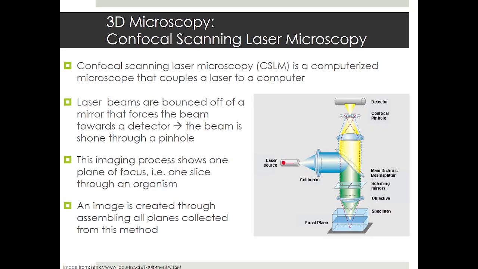Confocal scanning laser microscopy is another mechanism of 3D microscopy where we do take many different slices of an image of a cell and put them all together to make a final product. This is done with lasers, which is kind of neat, where you do have a lot of lasers that will get bounced around inside of the machine and allow for you to cut through frame by frame, if you will, through the specimen and eventually assemble a very nice picture at the end of the day.